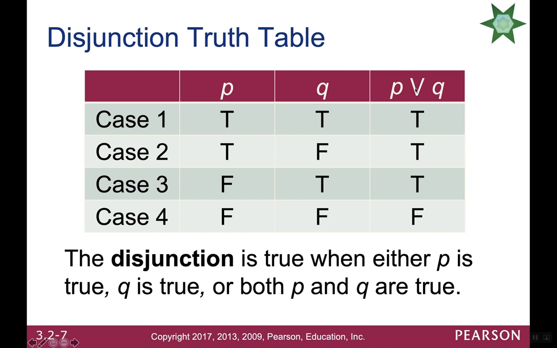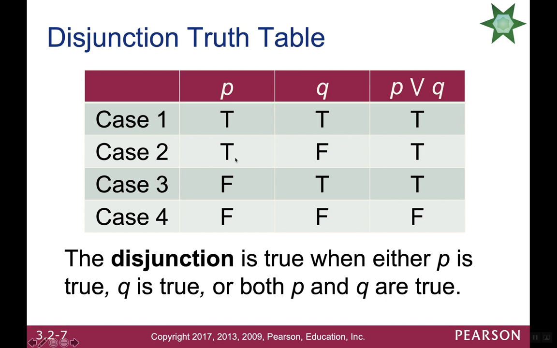It's represented by the V, and that is read P or Q. And in the case that Mary has brown hair and Rose has white hair, if both are true, then the truth table also yields a true statement for P or Q.